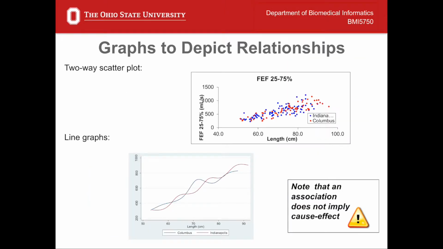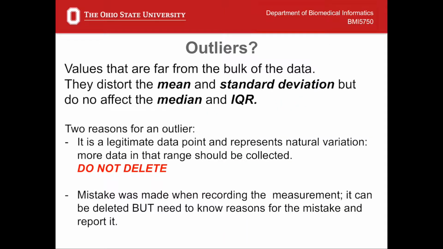We also use graphs to depict relationships. For example, here is a two-way scatter plot. It shows the relationship between FEF and length. There is a line graph here. Note that an association does not always imply a cause effect. Outliers. Outliers are values that are far from the bulk of the data.